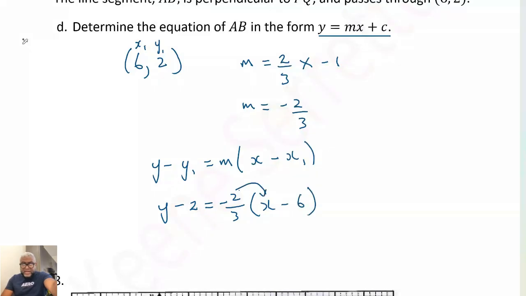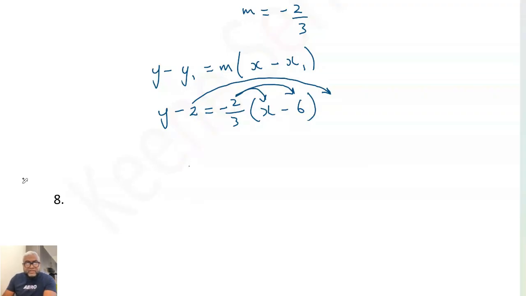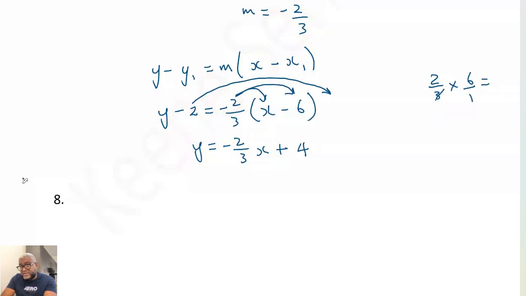That's it. Multiply negative 2/3 into the brackets. You carry this negative 2 on this side one time. So y would be equal to negative 2/3x. Negative 2/3 multiplied by negative 6, and negative by negative is a positive. So 2/3 multiplied by 6 is 6 over 1. 3 into 6 is 2, 2 by 2 is 4.